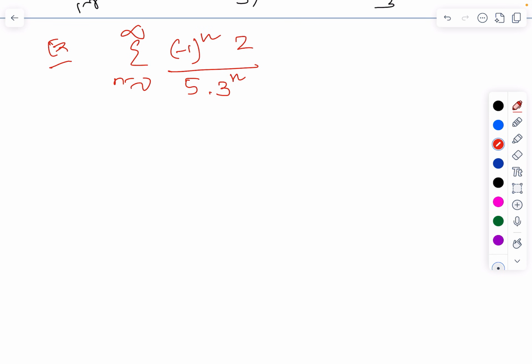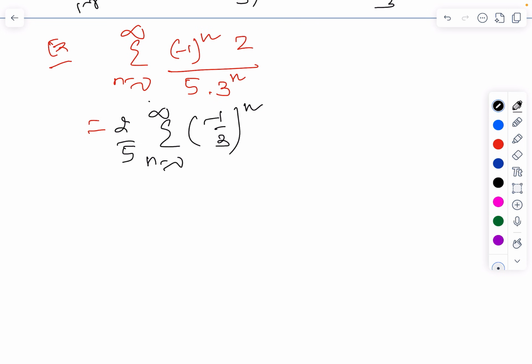So now n is 0. So first of all, we can write this as 2 by 5 series n equal to 0 to infinity minus 1 by 3 power n. Okay, like this.